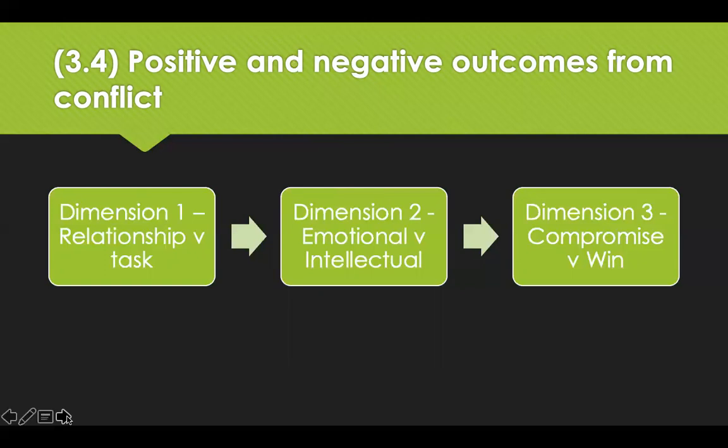This differentiates between those who focus on feelings such as anger and those who focus on the reasons behind the actions or the behaviours. Dimension 3 is the compromise versus the win. Separate those who focus on conflict as something that benefits everyone and those with a win orientation who are focused on making progress regardless of costs to the other party.